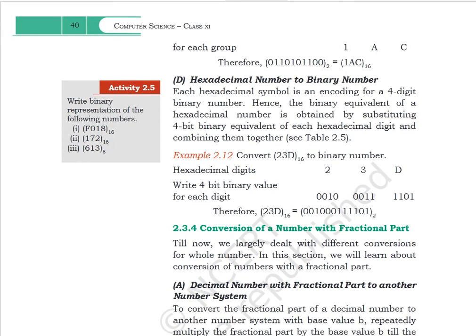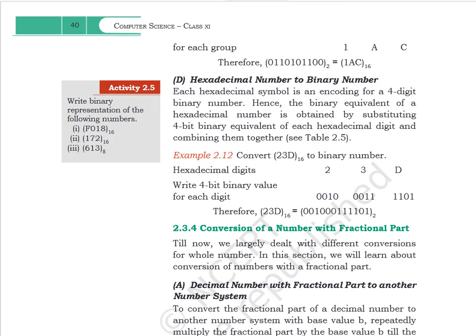And in the same procedure we can change a hexadecimal number to the binary number system, the same conversion as octal to binary. Suppose it is given to convert 23D to the base 16 to binary number.